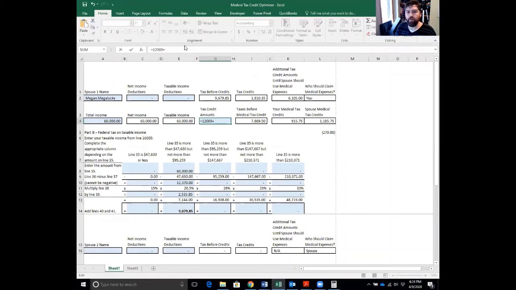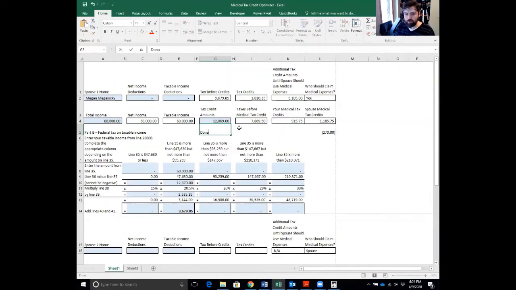Oh, actually, you know what it is? Our tax credit amounts are that our tax credits. What we've got to do here is alter my sheet. I love this. So I'm going to change my spreadsheet.